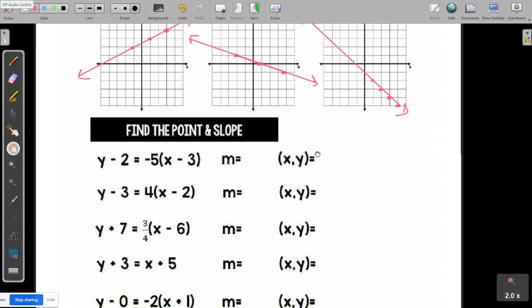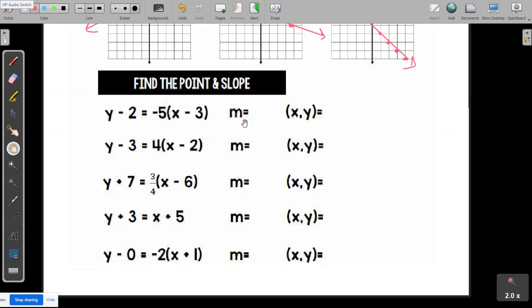Now we need to find the point and the slope when we are given these equations. So our slope is going to be what's in front of our parenthesis in front of x. So that's our slope. So our slope here is -5. Our point is after a negative sign with our y and then with our x.